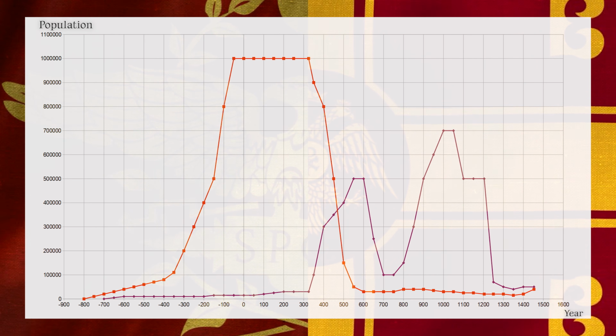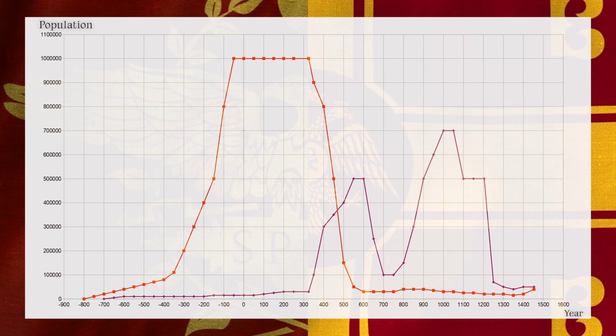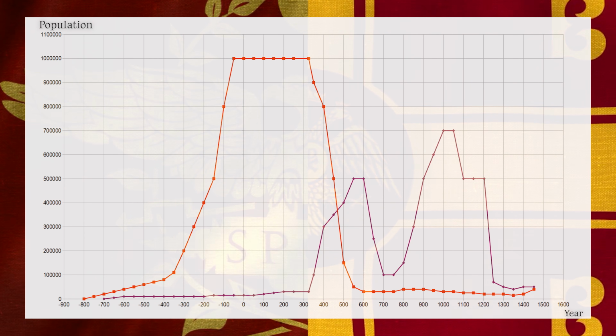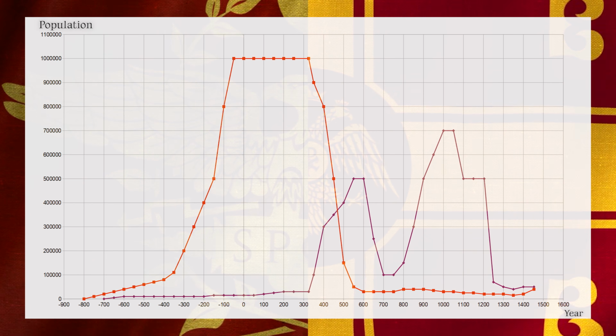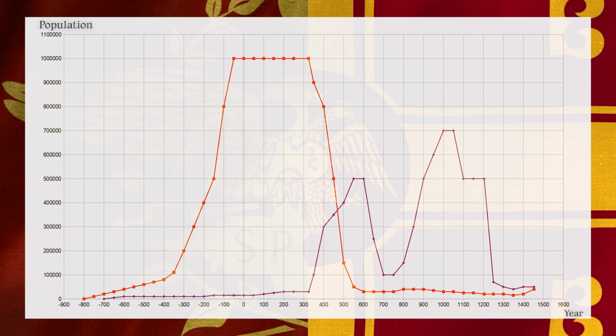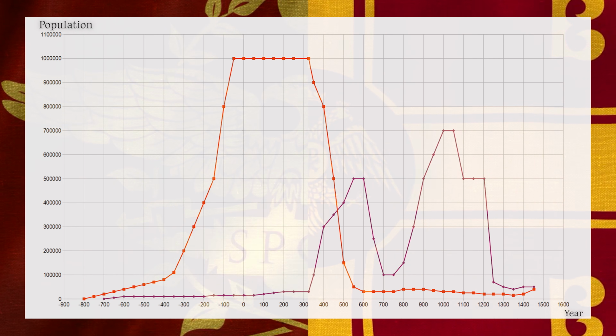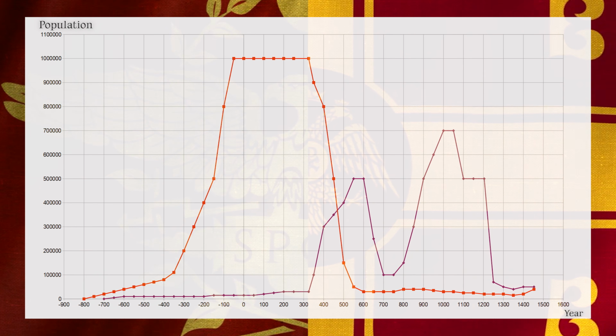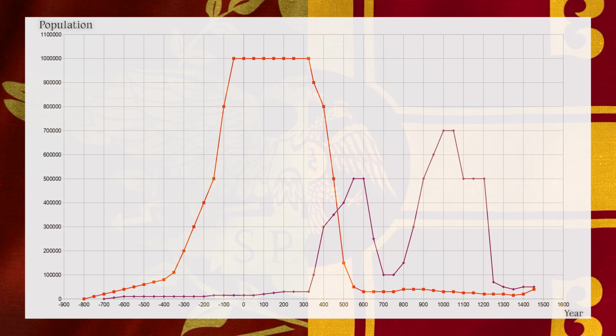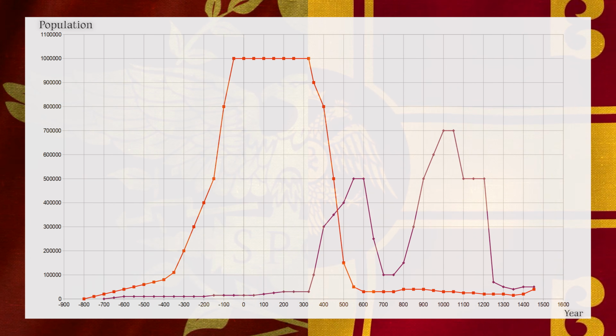It is a central belief of mine that the shifting of the power base to the east by Constantine doomed the west, and this very fact is impressively visualized in the demise of Rome exactly when Constantinople began to rise. Another interesting thing that we can see is that Rome had a constantly high population of around 1 million people for 400 years straight, with a gradual rise before and a constant decline afterwards.